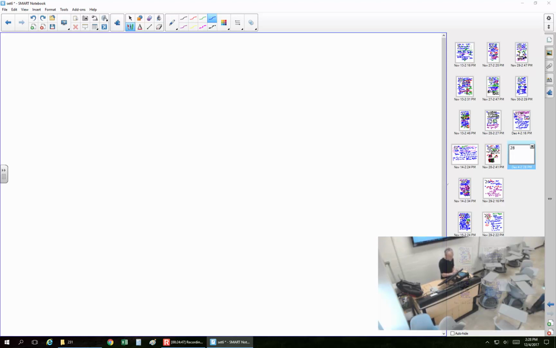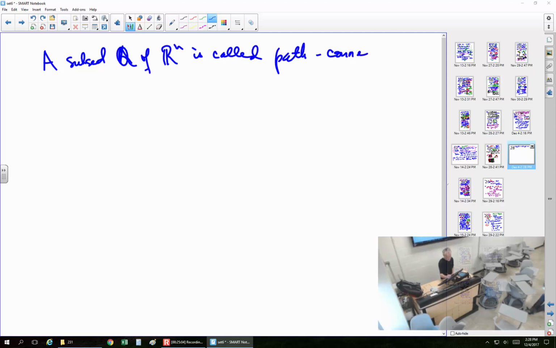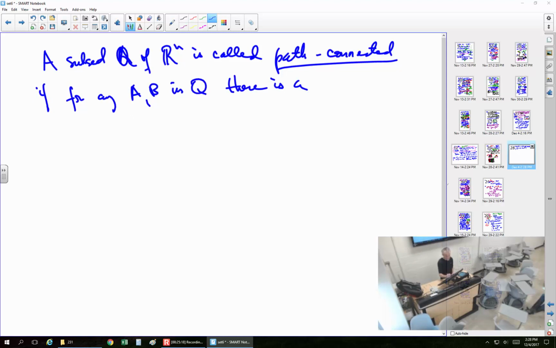Path connectedness: a subset, how about Q, of Rn is called path connected, I think I mentioned it, but very quickly, if for any A, B in Q, there is a path, or a continuous parametrized curve, from A to B.